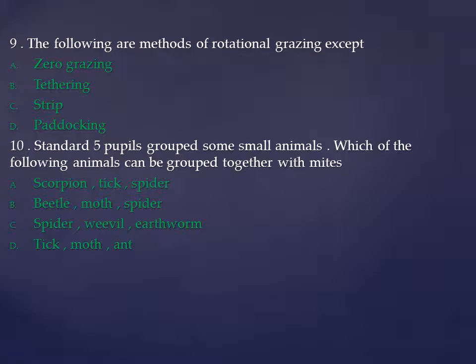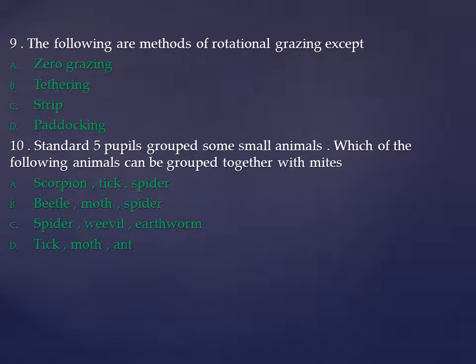Herding and stall feeding are not rotational methods. By having the points I've said, that will give you the answer as zero grazing. It is not rotational. The animal is confined in a stall, in a house.